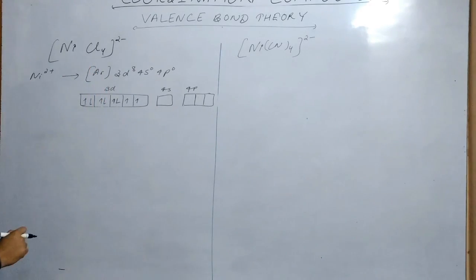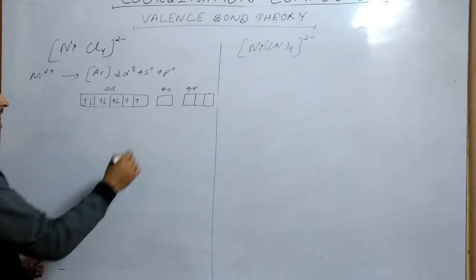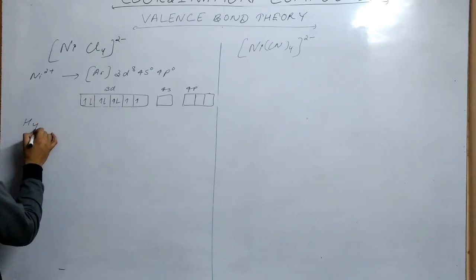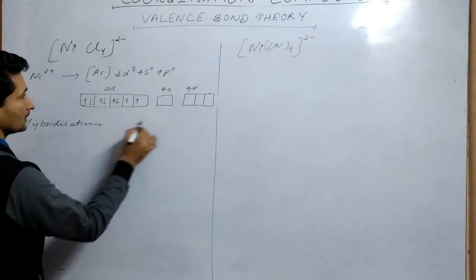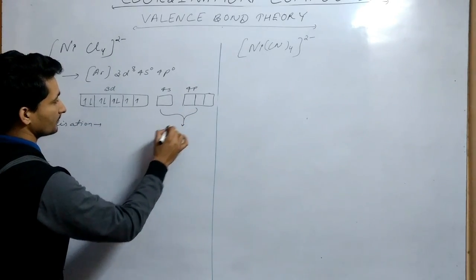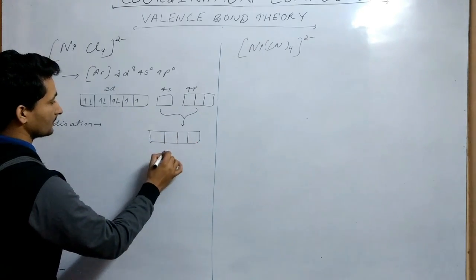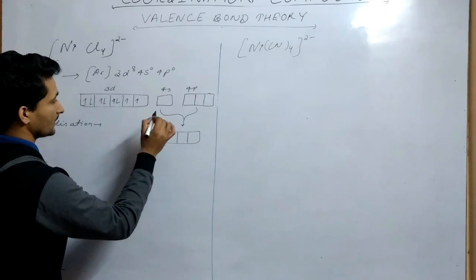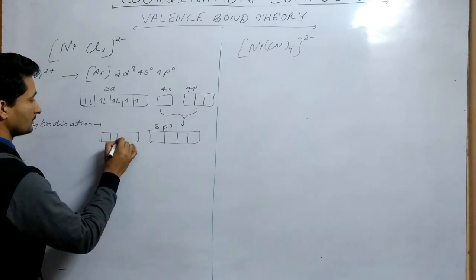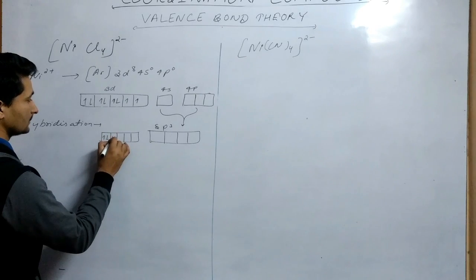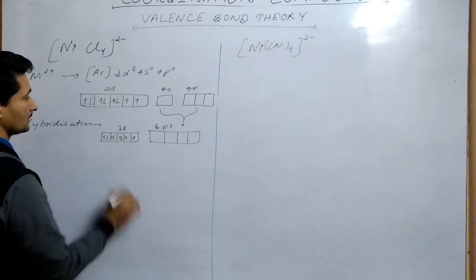Because chlorine is not able to cause pairing, these electrons will remain unpaired, and in hybridization, 4s and 4p will come, and hybridization becomes sp3. Fine. Whereas this remains as it is.